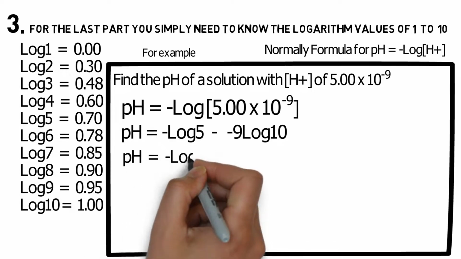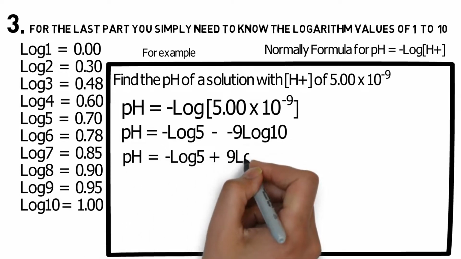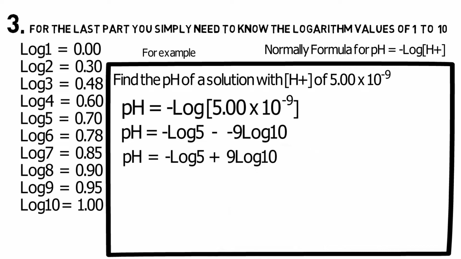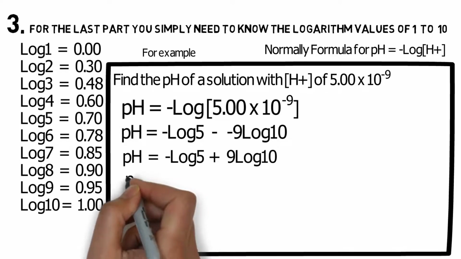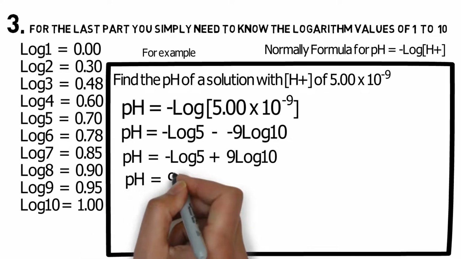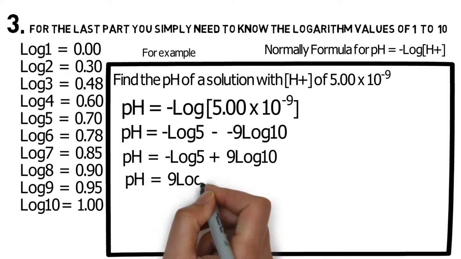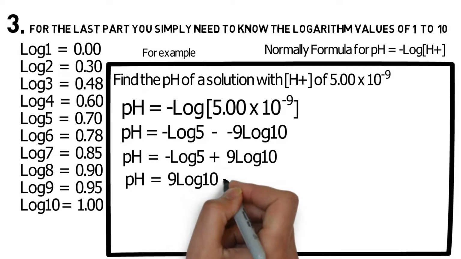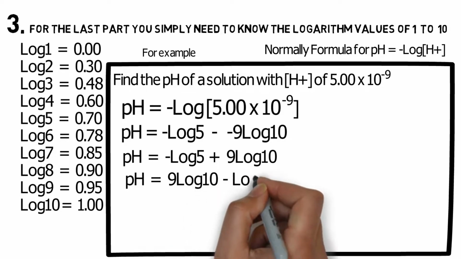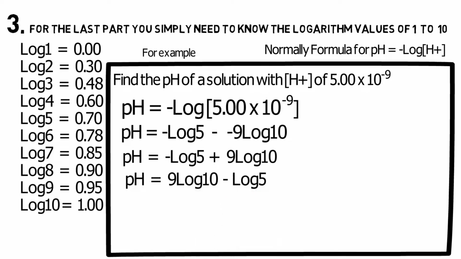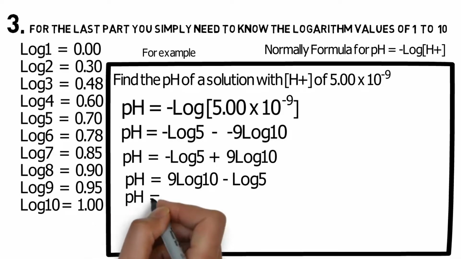So breaking this down, we have minus log 5. We know that minus 9 minus is going to equal plus, so plus 9 log 10. Now arranging this in a more appropriate manner, we're going to have 9 log 10 minus log 5. Looking at our representation on the left hand side, we have that log 10 equals 1.